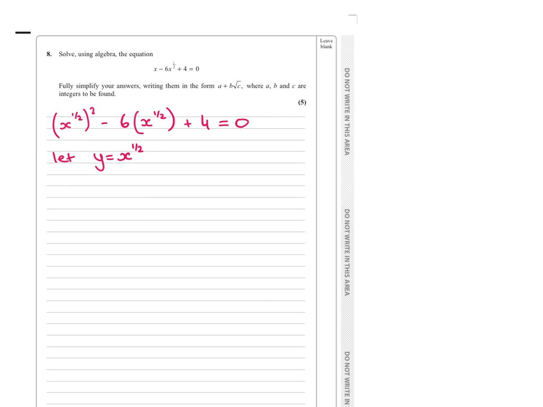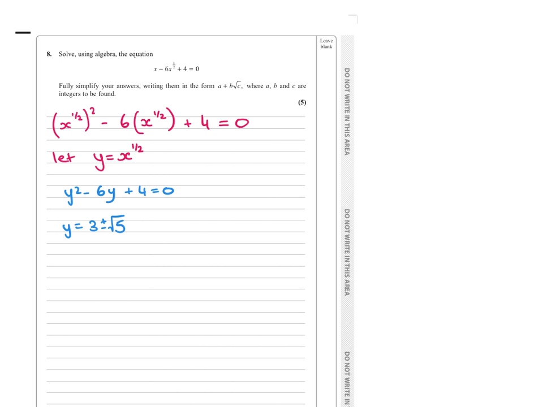So if y equals x to the power of a half, we're going to have y squared minus 6y plus 4 equals 0. I'm then going to solve this, and when I put it into the calculator, I get y equals 3 plus or minus root 5.